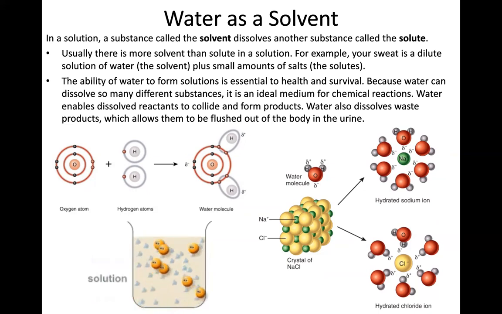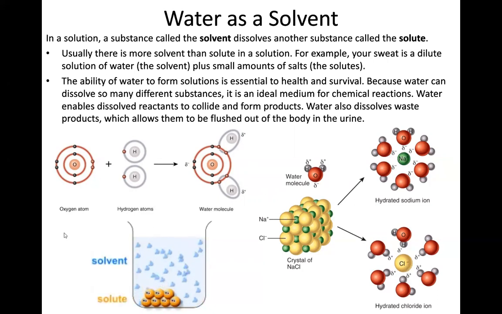In a solution, a substance, what we call the solvent, dissolves another substance, what we call the solute. So in our body, for example, we have sweat, which is predominantly water, which acts as the solvent that dissolves other stuff, and notably that would be salts, Na and Cl ions, sodium and chloride ions.